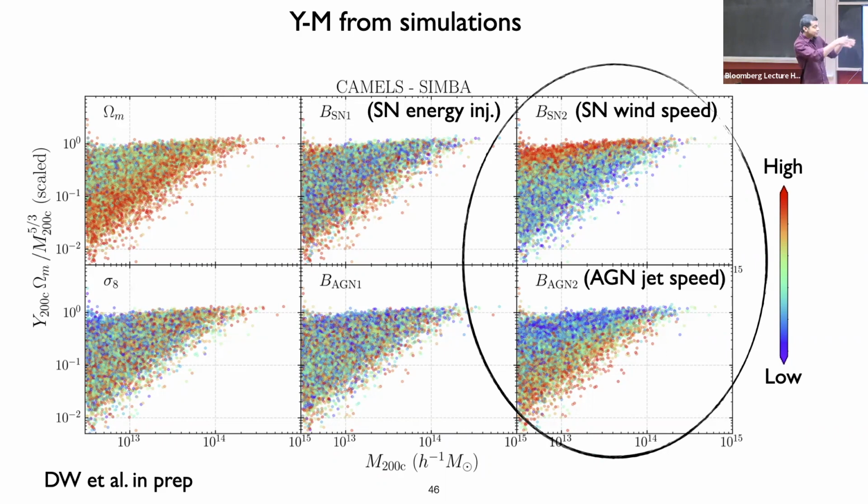But otherwise, once it forms stars, you reduce this Compton Y, or once you have a lot of baryonic feedback, you can also eject the gas out. That is shown in the bottom panel where you increase the AGN jet speed. It kicks the gas out of these small halos, and you can see this rich dependence on these feedback parameters.